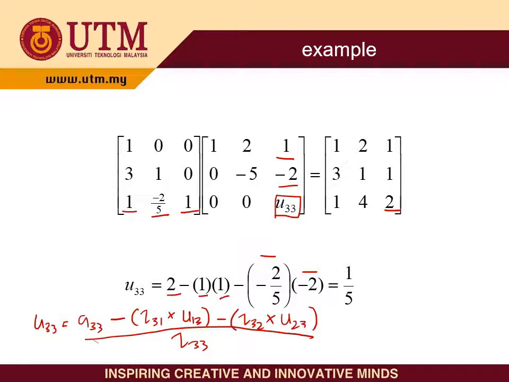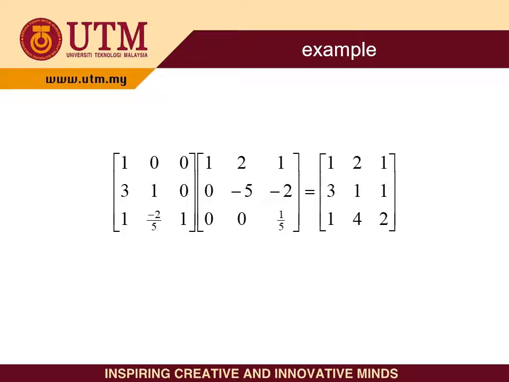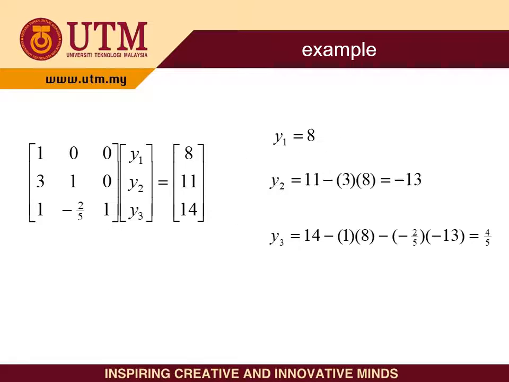So the result is 1 over 5 for U33. Okay, now we look back to the questions where we will get the 8, 11 and 14.